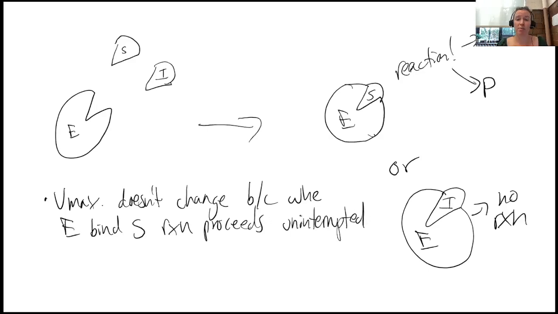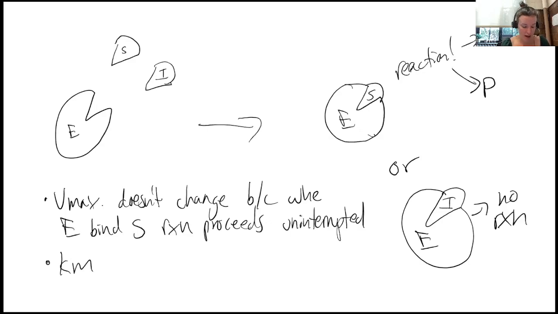It proceeds uninterrupted. The inhibitor does not interact with the enzyme at all if the substrate is bound. So Vmax can't change because when enzyme is bound to substrate, the reaction just goes.